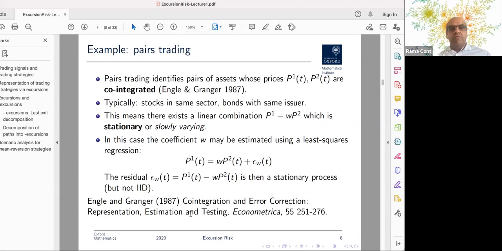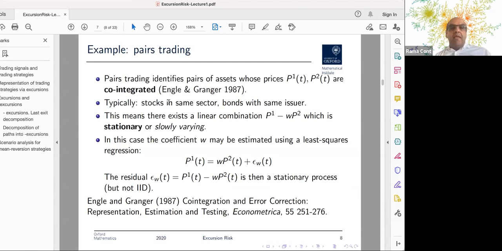That's the definition. Okay, so P1 and P2 do not need to be stationary. For example, think of some exponential Brownian motion or Black-Scholes model, but that's not stationary. But it means that these are two non-stationary processes which have a stationary combination. So of course, this is only possible if the coefficients are positive and negative.